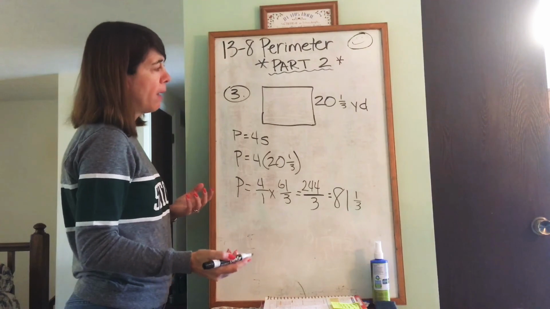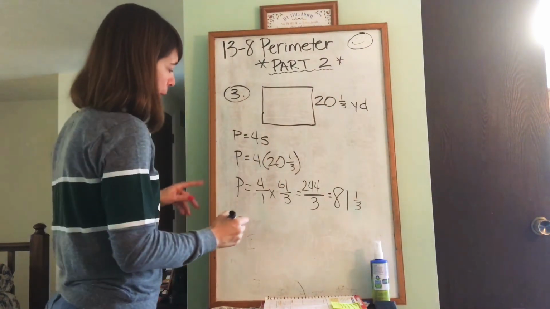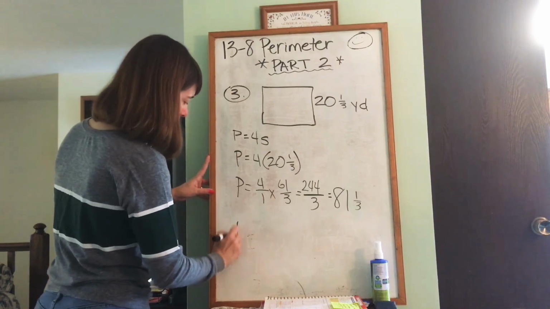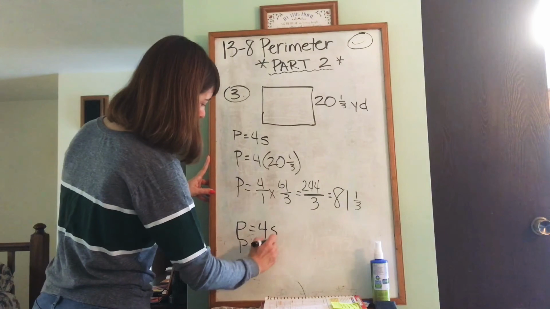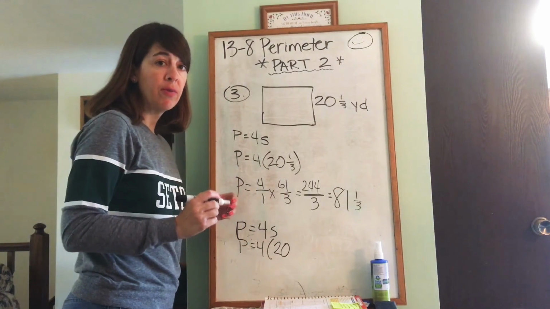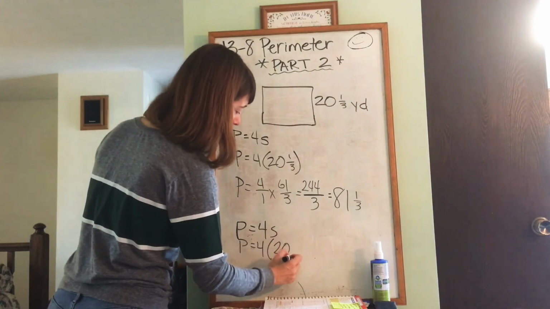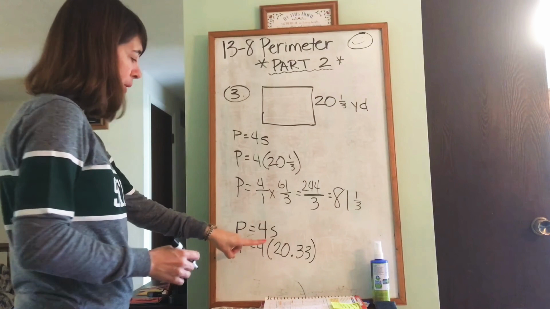Or the other thing you could do is you could convert the 1/3 to a decimal. So we would do P equals 4s, P equals 4 times 20. 1/3 goes to a decimal of 0.33. So 20.33.